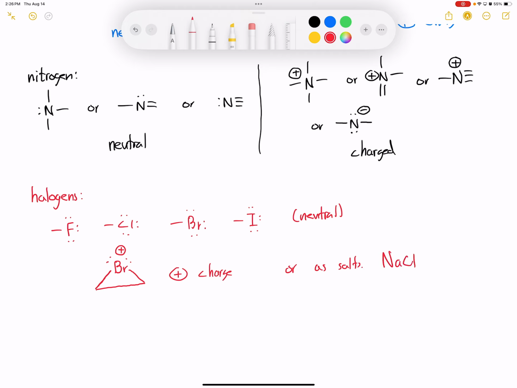For example, sodium chloride. Here, chlorine is negative, right? We will see that, yes. But the patterns I was talking about were more for when it's bonded to carbon. You'll never see a halogen that's negatively charged with carbon. Yeah. But that's a good question. Any other questions?